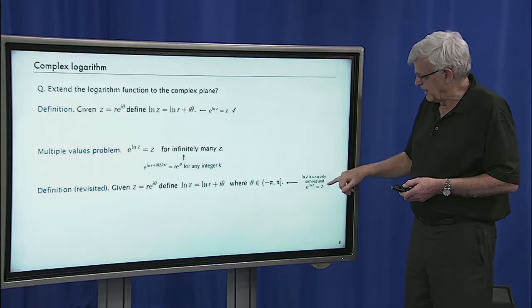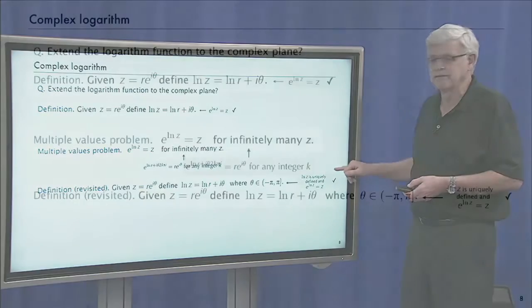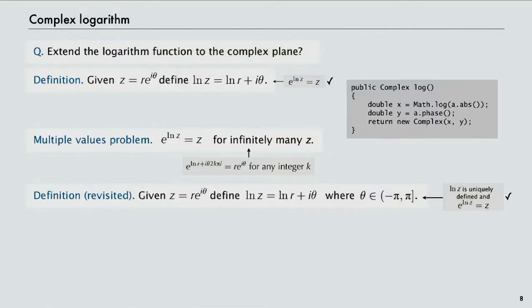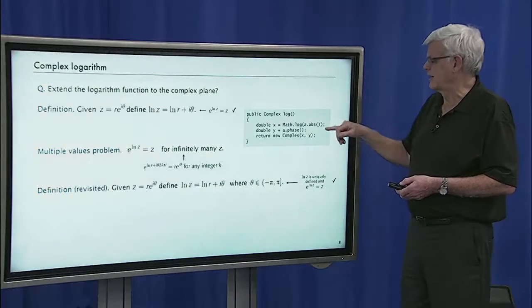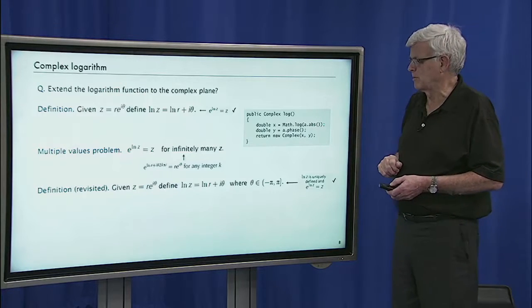And that again gives us a definition of the log function such that log z is uniquely defined and e to the log z equals z, which is what we want. And again, this leads to simple code to get the log. It's just a two-liner. Just take the log of the absolute value and then use the same angle as the imaginary part.